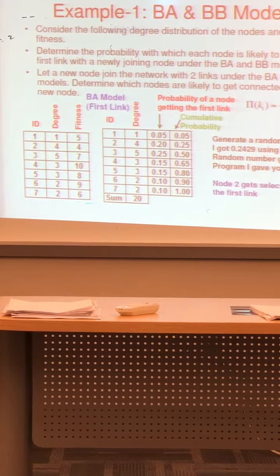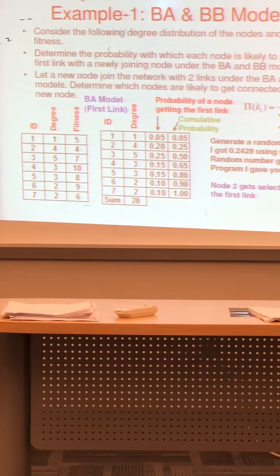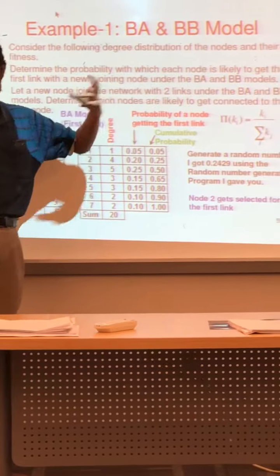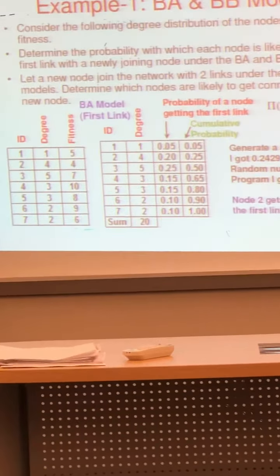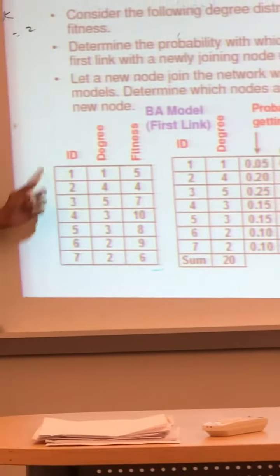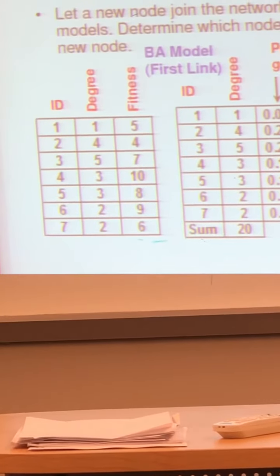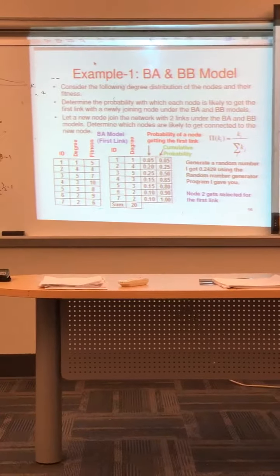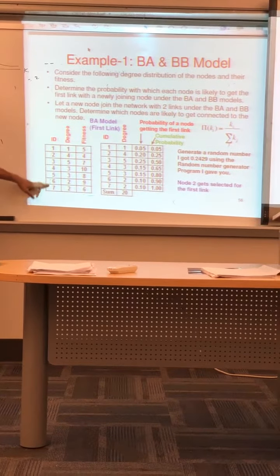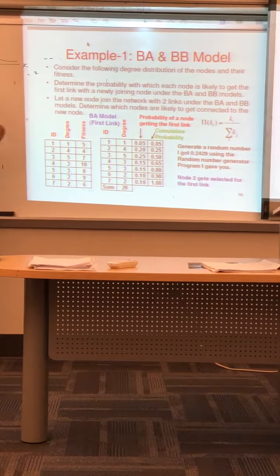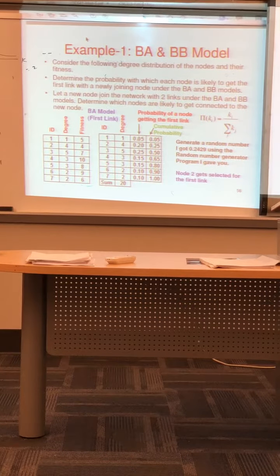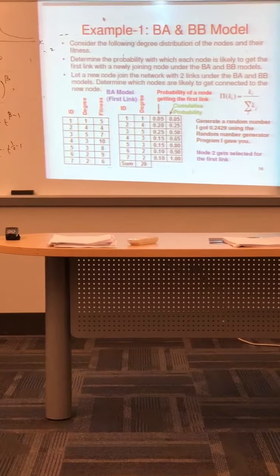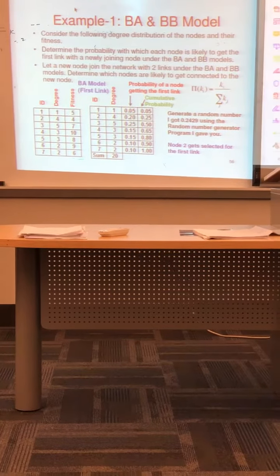So a new node, say the 8th node, joins the network, and the new node is supposed to get 2 links. So we want to decide which of the 2 nodes among the 7 nodes will get the new link. So each node will get only 1 link. Okay. So we have to pick 2 of the 7 nodes out here to get the 2 new links. Okay. According to each of the models, according to the BA model and according to the BB model.